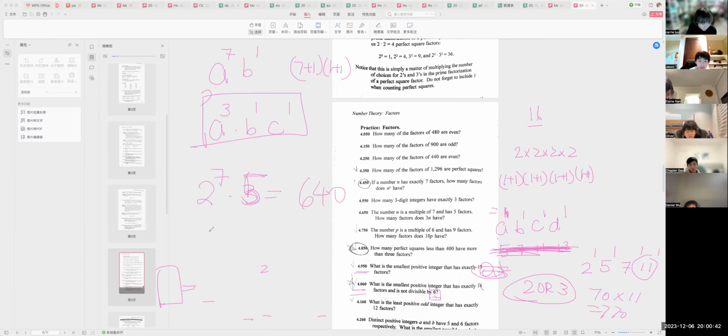Okay, and this one, if we have 2 to the power 3 and times 5 and times 7, we have 8 times 5 equals 40, times 7 equals 280, correct? Okay, correct? So this is much smaller than those ones, correct? So we get this one. This one's still the best answer. The answer is 280.